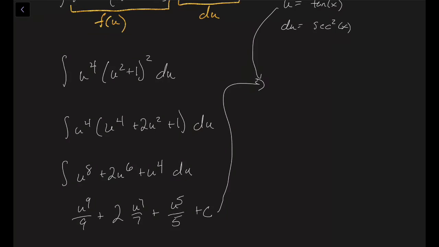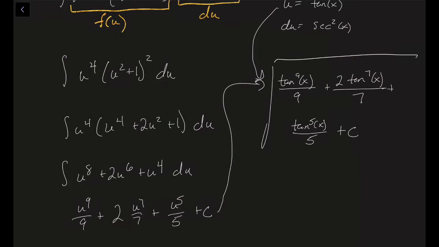And using our substitution that u is equal to the tangent of x, we get tangent to the 9th of x over 9 plus 2 tangent to the 7th of x over 7 plus tangent of x to the 5th over 5 plus c.